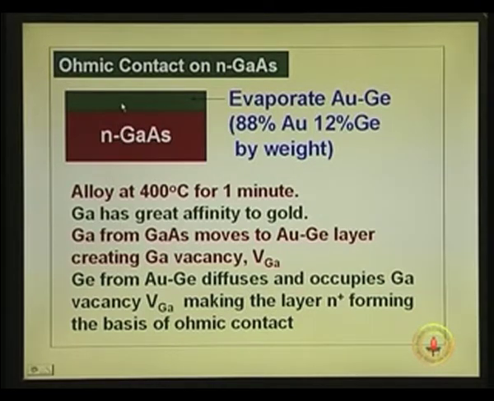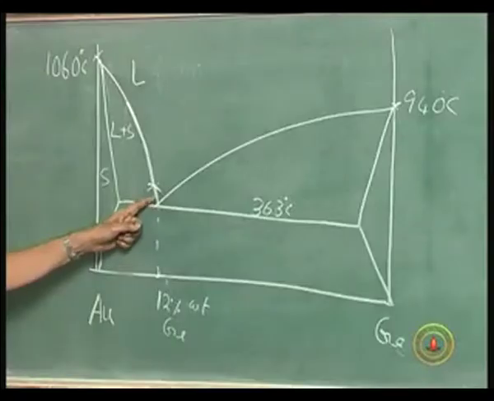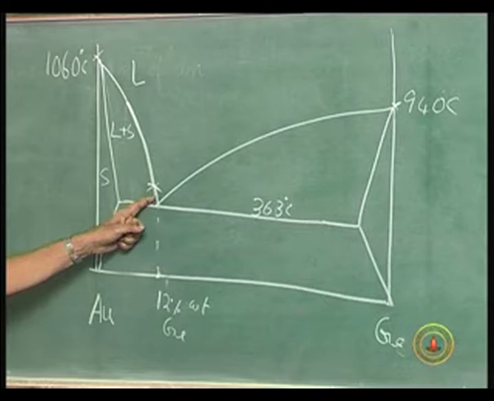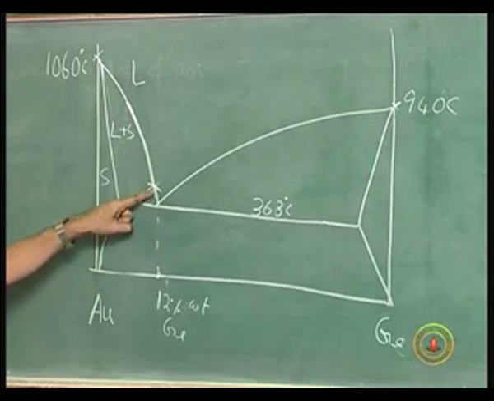So, gallium moves up because gallium has a great affinity towards gold, let us put it that way. So, it moves towards the surface, where this is actually in a molten state. Okay. So, you go slightly above that temperature, 400 degrees centigrade. If still liquid, the germanium concentration can come down from there, still in the liquid state, and that germanium concentration has come down.